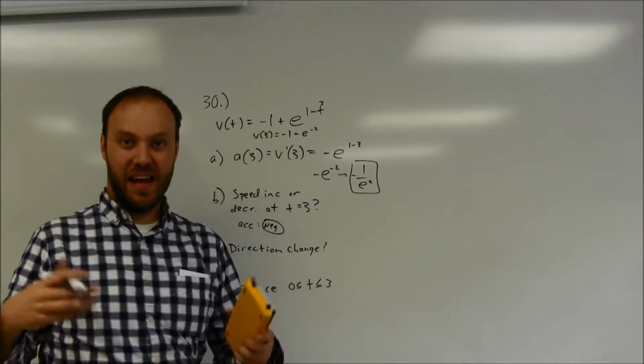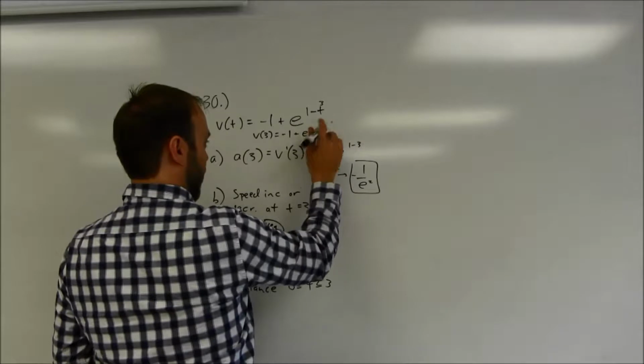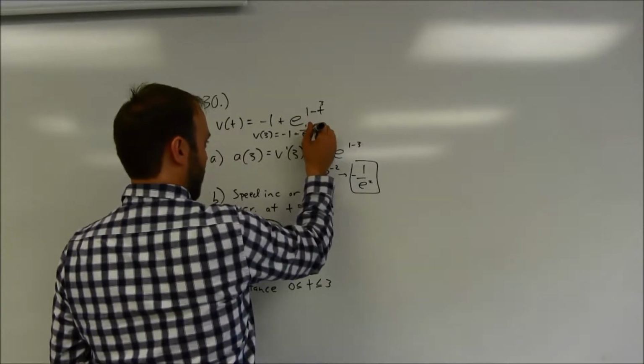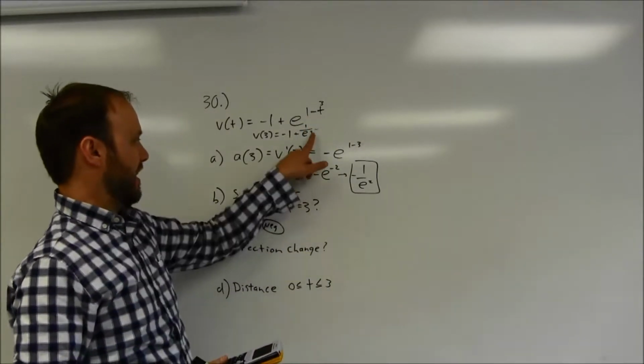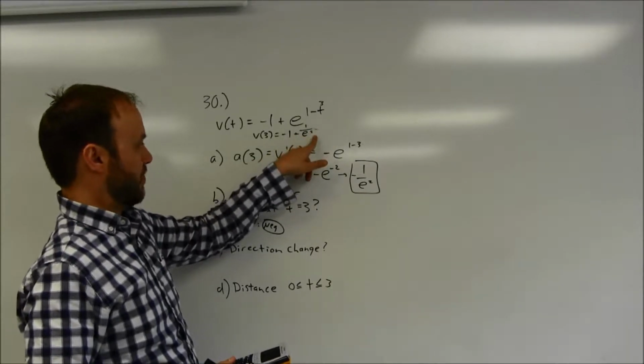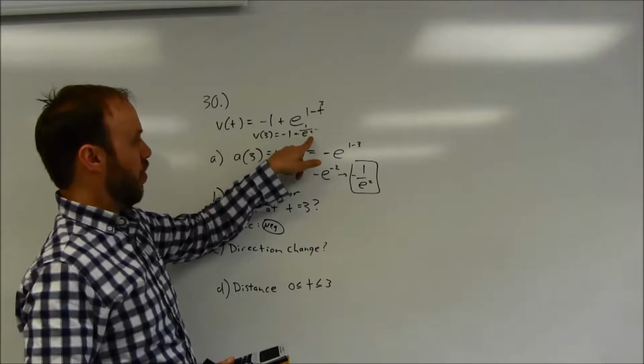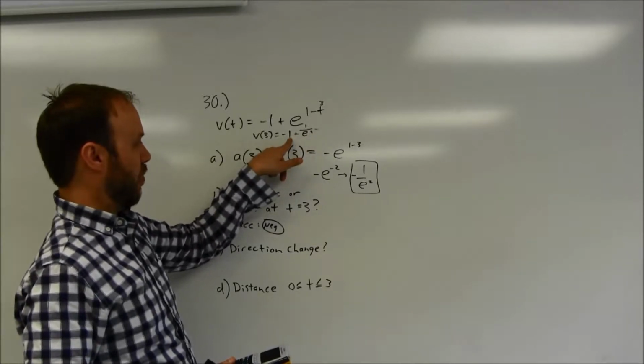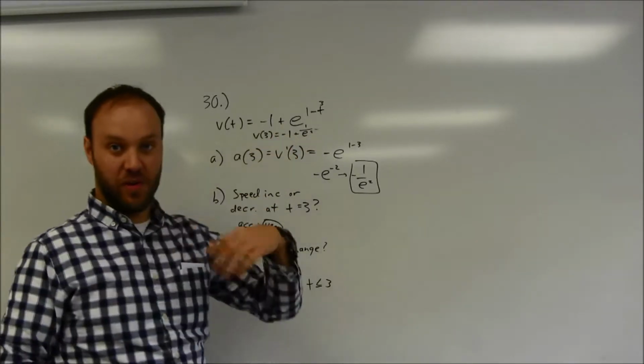Remember, e to the -2 is not negative, it's 1 over e squared. And e is bigger than 1, so this is 1 over something bigger than 1. This is less than 1, and we're adding that to -1. So the velocity is actually going to be negative again.